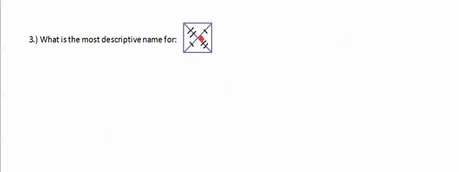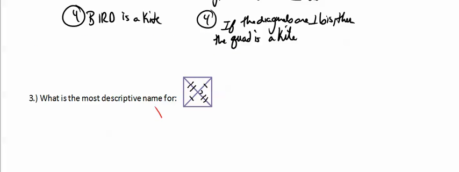If we look at our list, we can go to a rhombus, and the reasoning for number 3: if the diagonals of a quadrilateral are perpendicular bisectors of each other, then the quadrilateral is a rhombus. We already know they bisect each other, that makes it a parallelogram, but now it's perpendicular based on the right angle. Therefore, the most descriptive name for this one would be a rhombus.